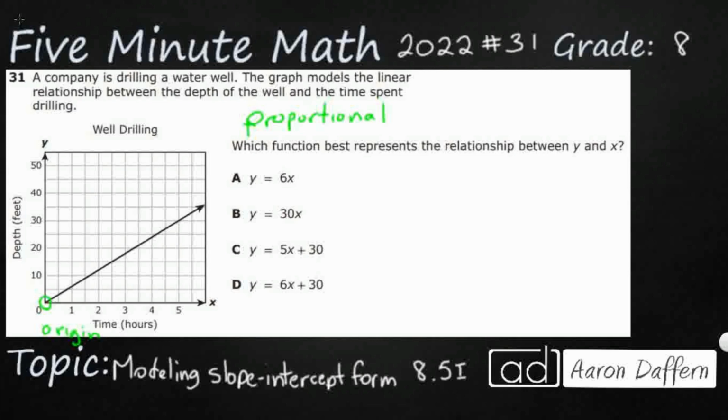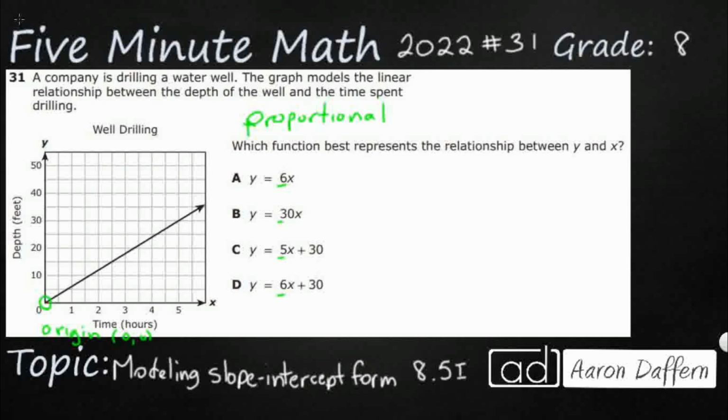So y and x have a direct variation with each other. There's just some type of modifier here. In this case, it's going to be the slope, right? It's going to be these numbers right here that are modifying the x, doing something to that so that it equals the y. But we start at the origin of 0, 0, which means there is no y-intercept.